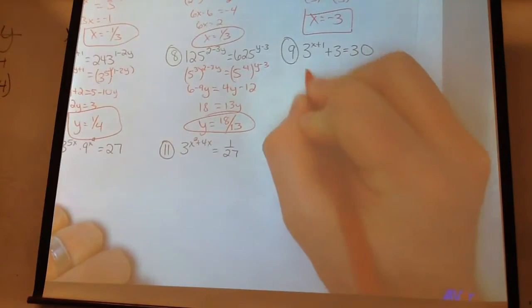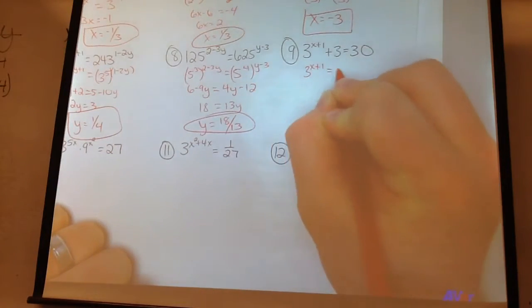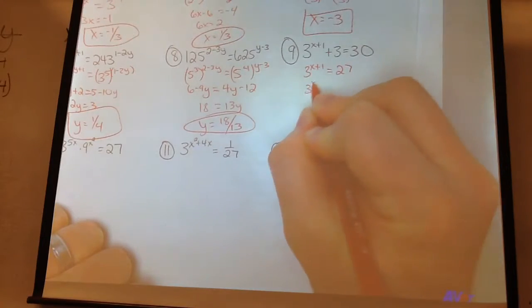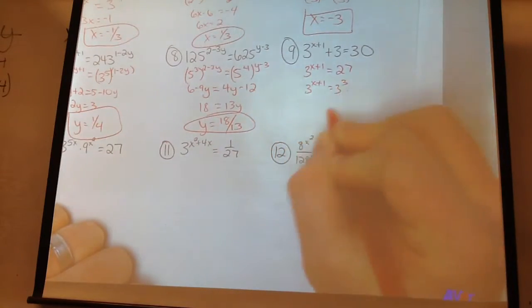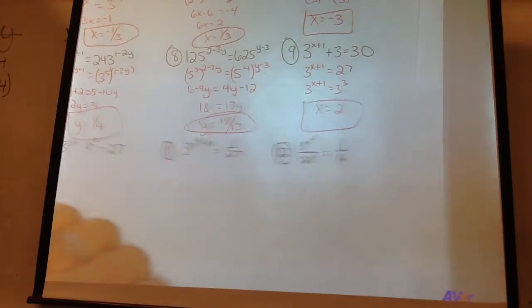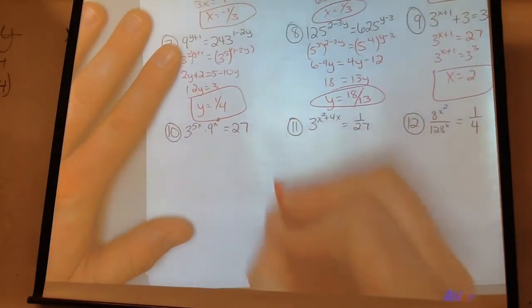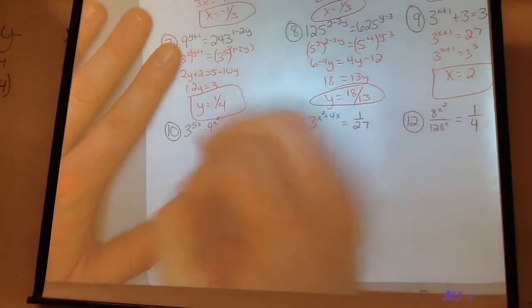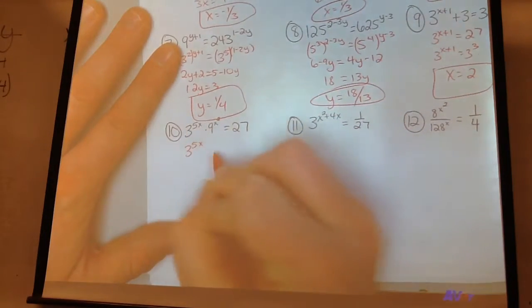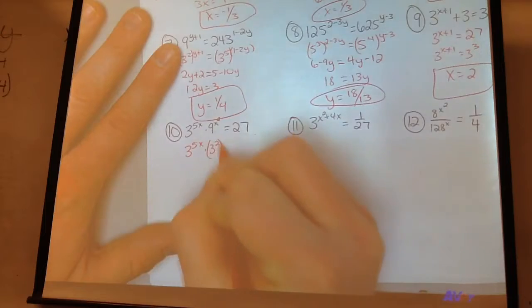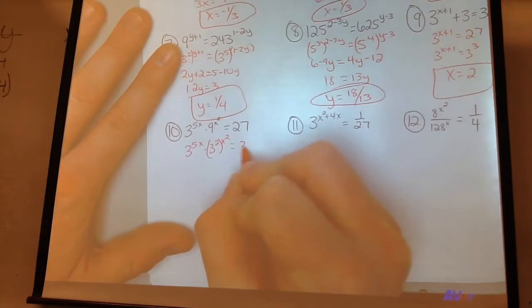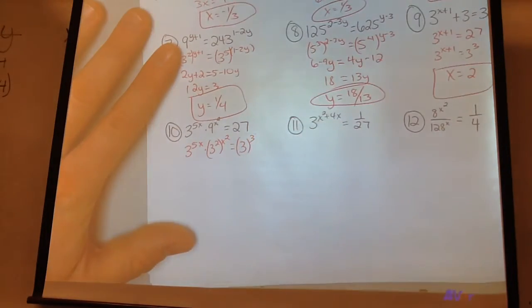Subtract 3 first, so it's 3 to the x plus 1 equals 27. Now it's easy. 3 to the x plus 1 equals 3 to the third, so x equals 2. Now here, I was confused how you get them all to threes. 3 to the 5x times 3 squared to the x squared equals 3 to the third.